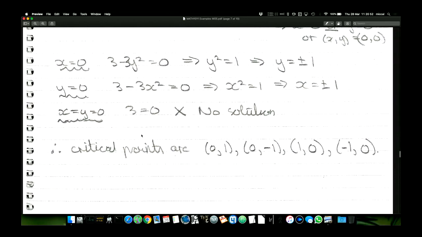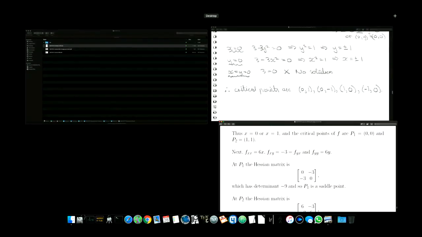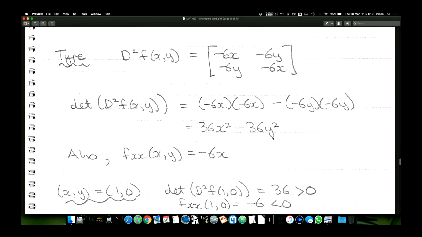Now I have to construct the Hessian matrix and calculate everything at these points. There are 2 ways you could do this. You could plug in the point, then find the Hessian, then find the determinant, and do that for every point. Or, which is the method I prefer, just calculate the Hessian and its determinant as a function.